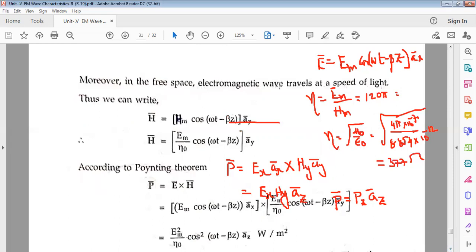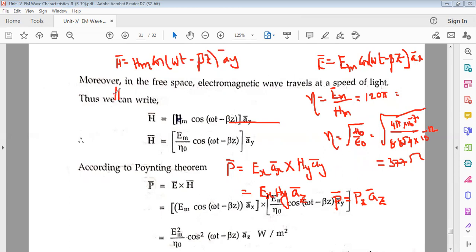Moreover, the free space electromagnetic wave travels at the speed of light. Thus, we can write H bar also. What is the E bar? We already wrote that: Em cos(omega t minus beta z) into Ax bar. Now the H bar has magnitude Hm and cos(omega t minus beta z), in the y direction, Ay bar.